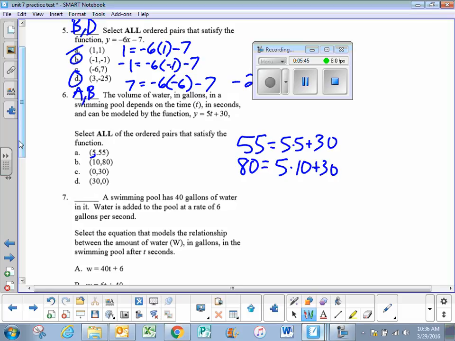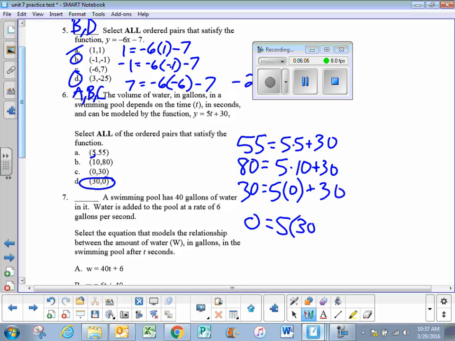Does 30 equal 5 times 0 plus 30? Yep. And then obviously this one will not work, right? Will 0 equal 5 times 30 plus 30? No way.